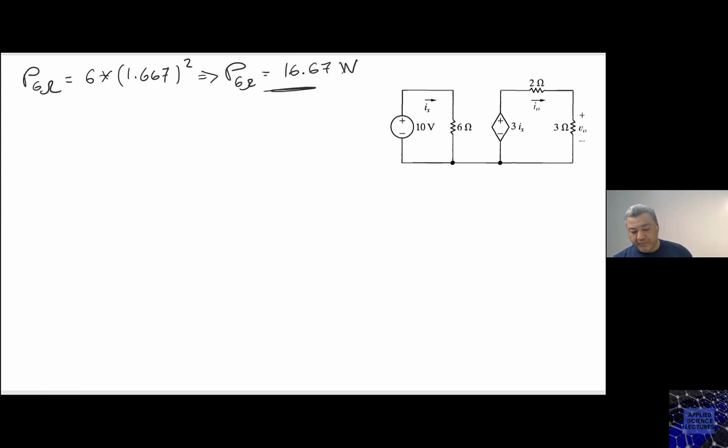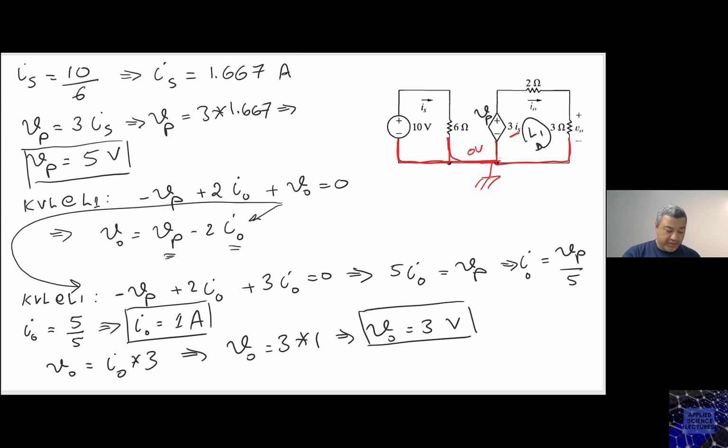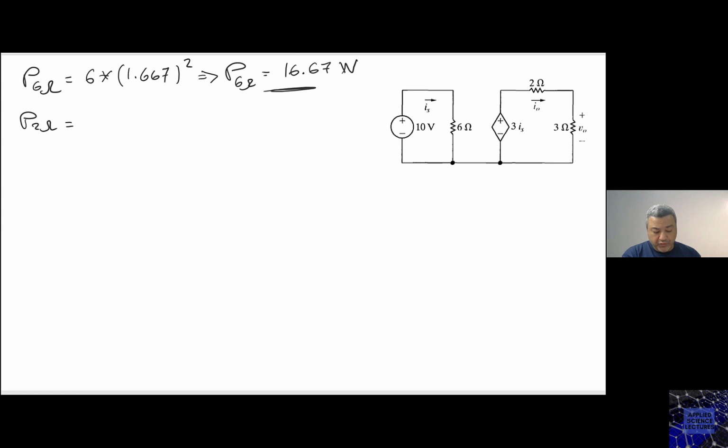This is the 6 ohm. The 2 ohm: how much was I naught? I naught was 1 ampere. So we have here 2 times 1 squared, which is 2 watts.